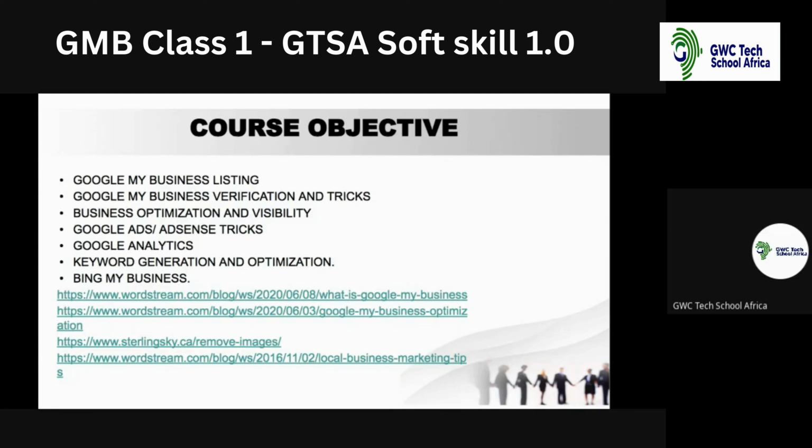I'll teach you how to connect your Google My Business to your Bing My Business. As we all know, Bing is also a search engine just like Google. Google My Business is a platform whereby you get your business verified on Google, and so is Bing My Business. But if you already have your business verified on Google, what you just need is to connect your Bing to your Google, and we are good to go.